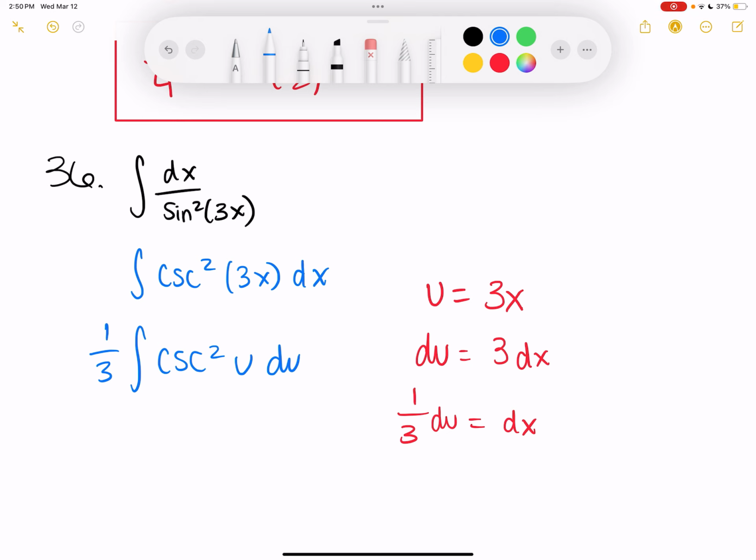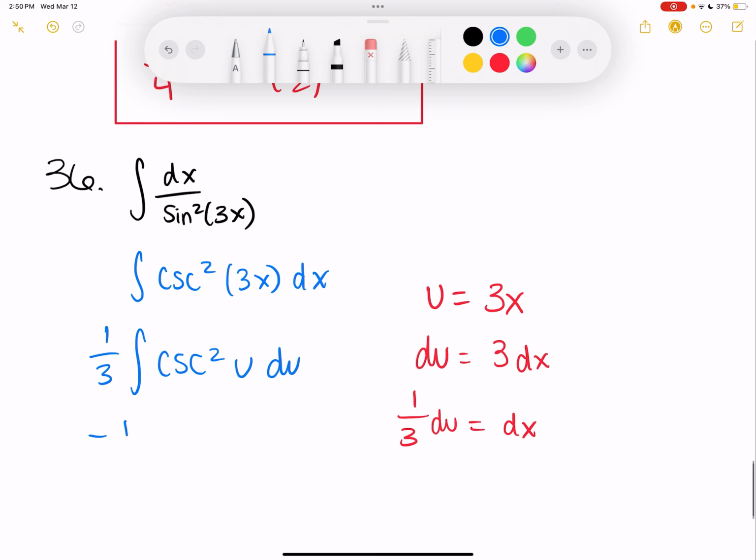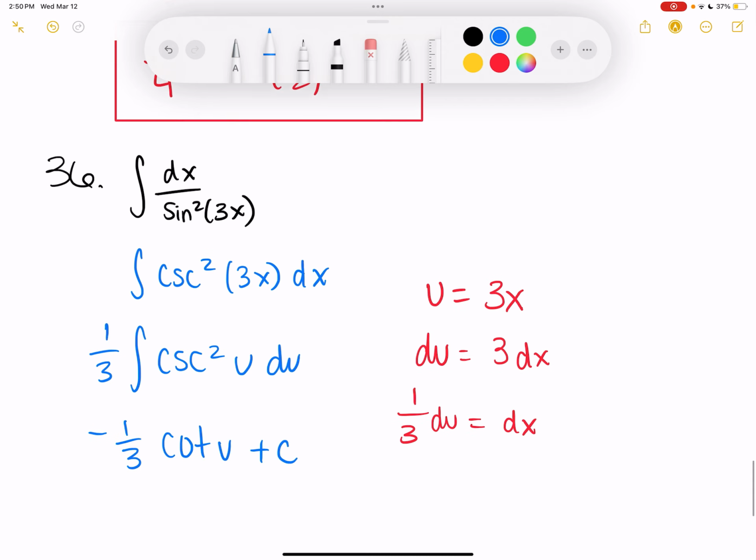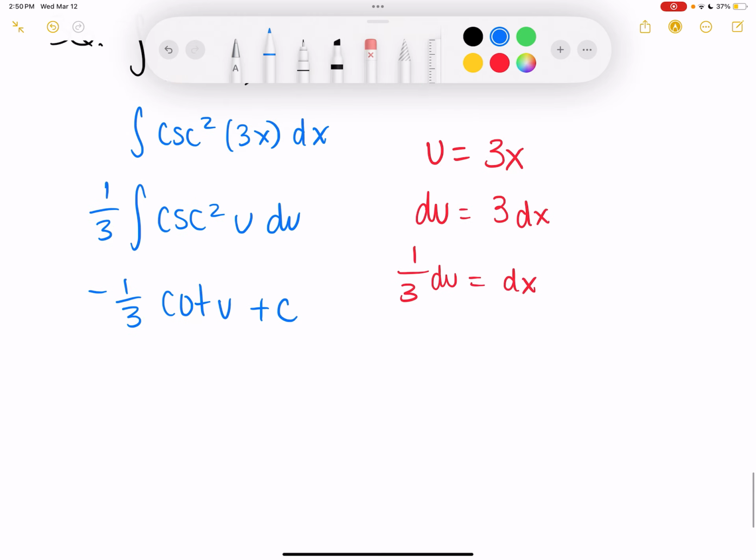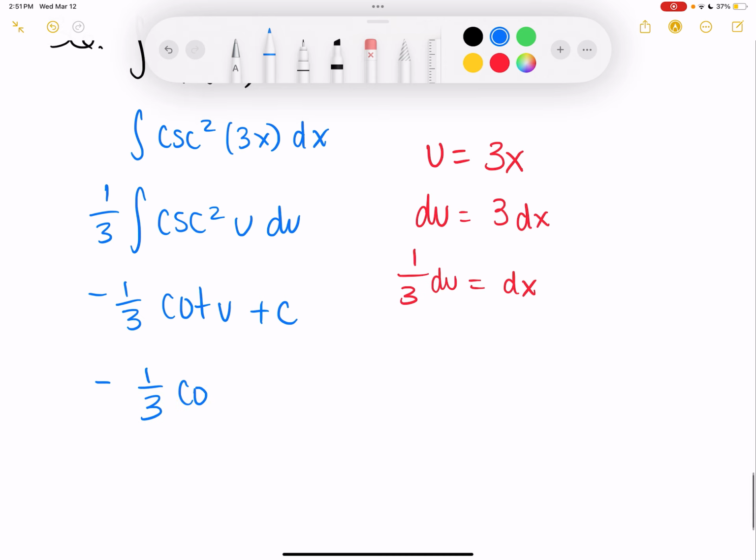I'll let you take this one, Josh. Negative 1/3 cotangent of u. Let's see. Yep. So then I've got negative 1/3 cotangent of 3x plus c.